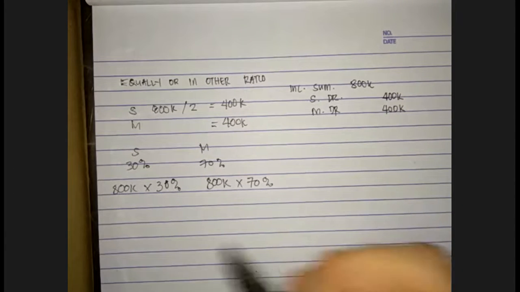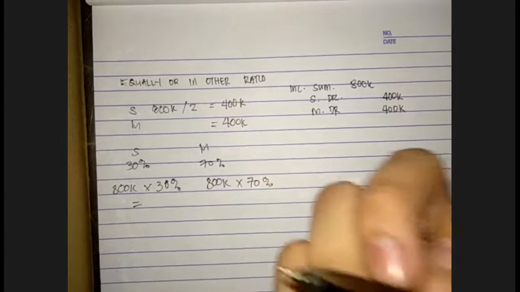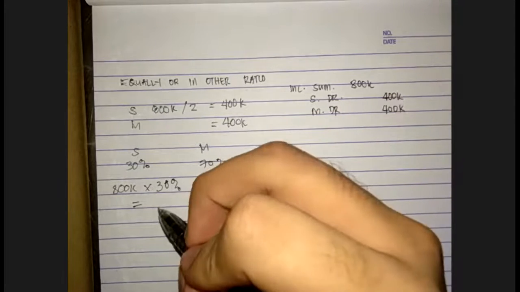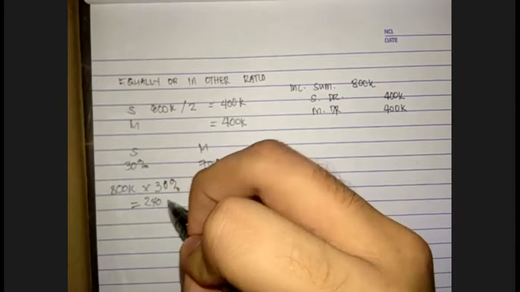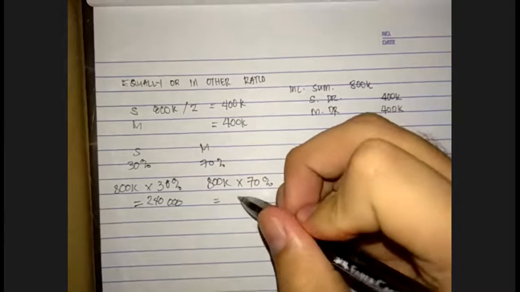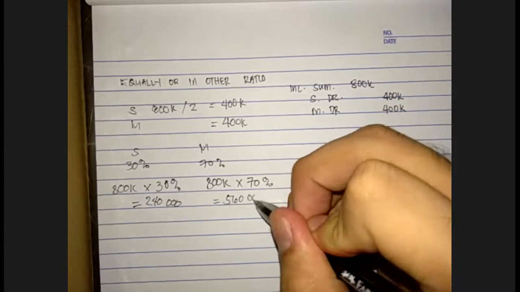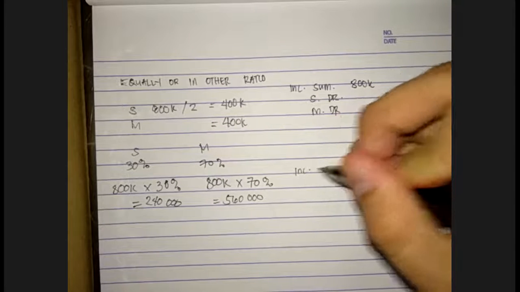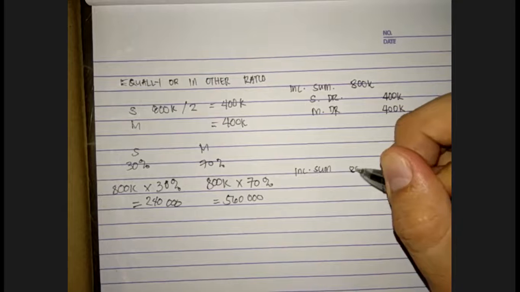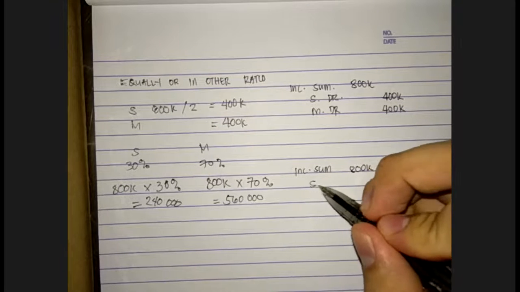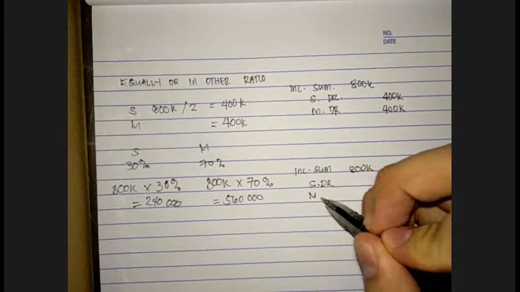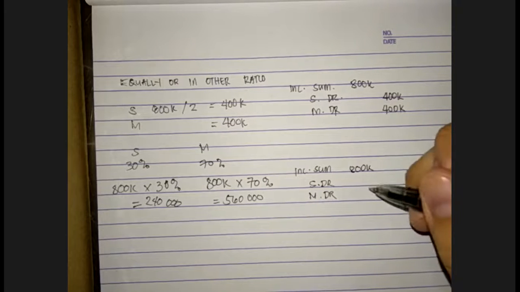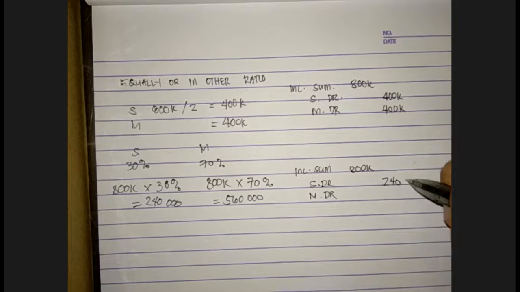Ang lalabas kay S na product nila is 240,000 and kay M naman is 560,000. Entry to record ng itong profit is debit ng income summary ng 800K and credit ng S drawing and credit ng M drawings. Ng kay S is 240K and kay M is 560K. Ayan.